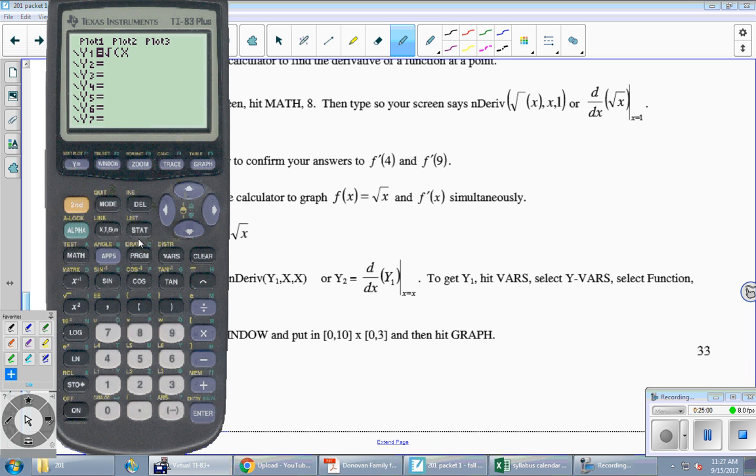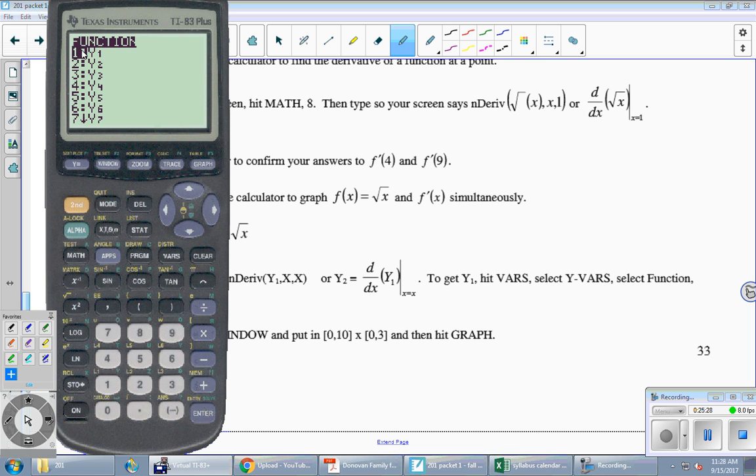So we can ask the calculator to find the derivative by putting nDeriv right here. It's inside of math, still number 8. And then you could just type square root of x, but it's actually nicer to tell it Y1. If you happen to change the square root of x, it'll update, because it knows whatever's in Y1. It's inside of variables, Y variables, we go to the right, and then it's the first one, function, and then there's a list of all the different ones.